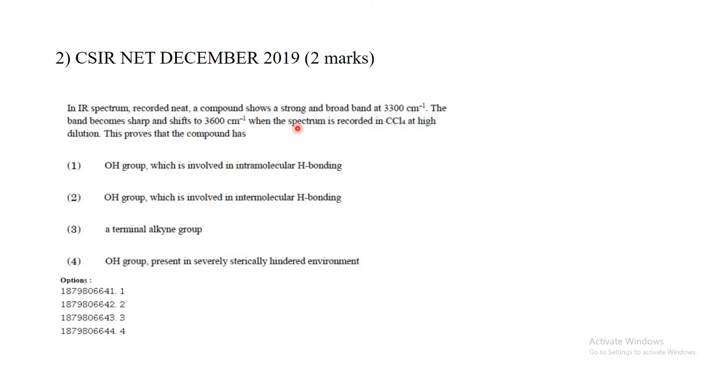So when it is diluted, the hydrogen bonded OH stretching absorption frequency disappears, and the free OH stretching absorption appears at 3600 cm inverse.